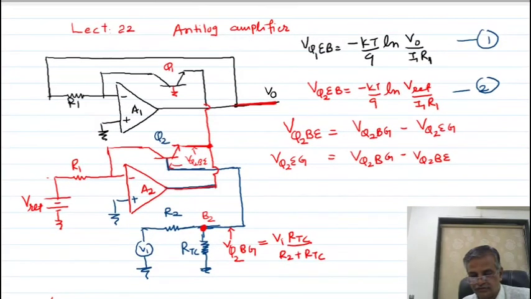For this op amp we can write the emitter potential as minus kT by q ln Vo upon I1 R. For this I can write the emitter potential as minus kT by q ln V reference upon I1 R. Now for this voltage, base potential minus emitter potential.